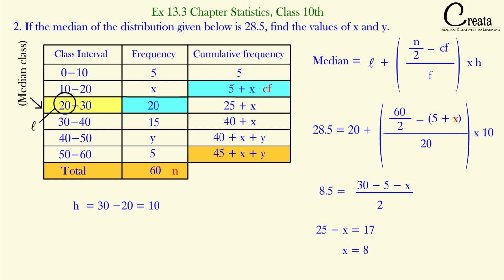So we can equate this value with 60. Here x we have just calculated as 8. Now we can easily solve for y. On solving, we got the value of y as 7. We got x as 8 and y as 7. We got the answer. Got it? This is an important question and these types of questions are generally asked in the examination, so you should know it.